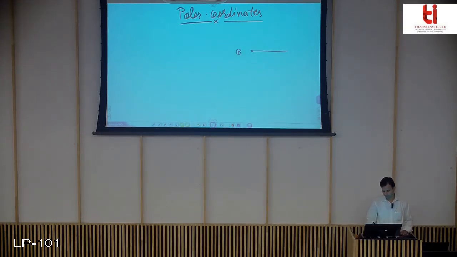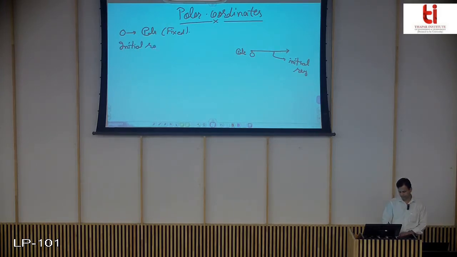First is a fixed pole, O, and an initial ray from O. These are the two things that define the polar coordinates.